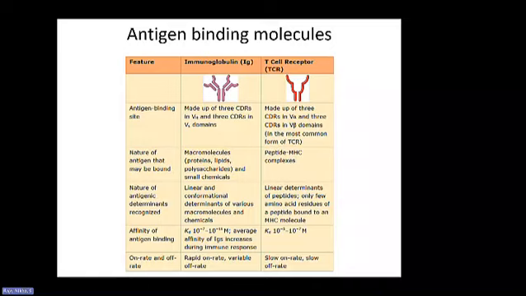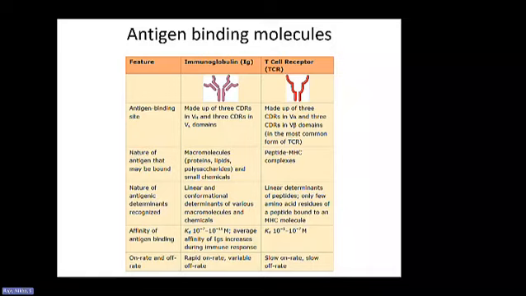But in general, there are two heavy chains and two light chains in the immunoglobulin molecule, whereas the TCR has two chains. Both of them have the variable regions that make the antigen binding site. We know that the TCR can bind to a peptide that is presented to it on an MHC molecule.